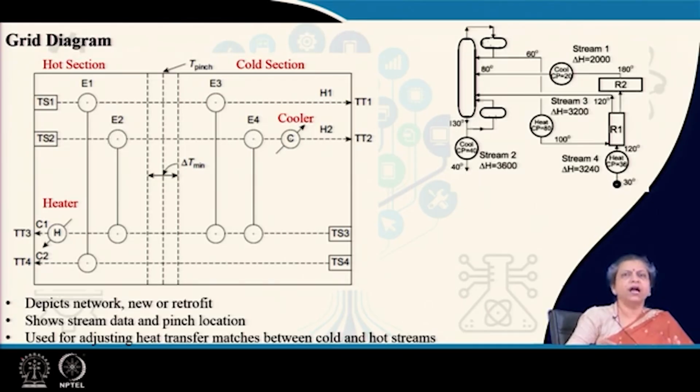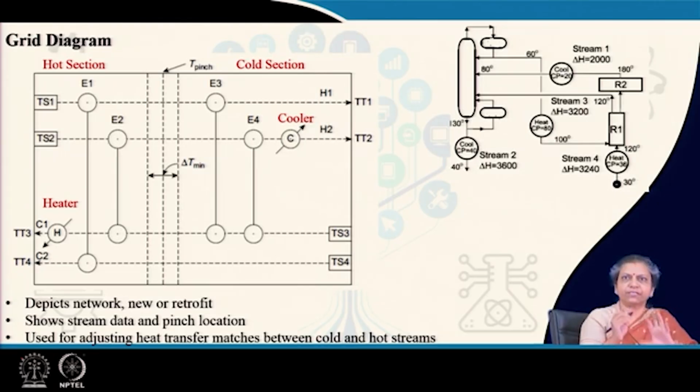This is simply an alternative form of representing the heat exchange streams before the pinch and after the pinch. There we represent both the stream data as well as the pinch location, and we also show between which streams the heat exchangers are located and where the hot and the cold utilities are located.